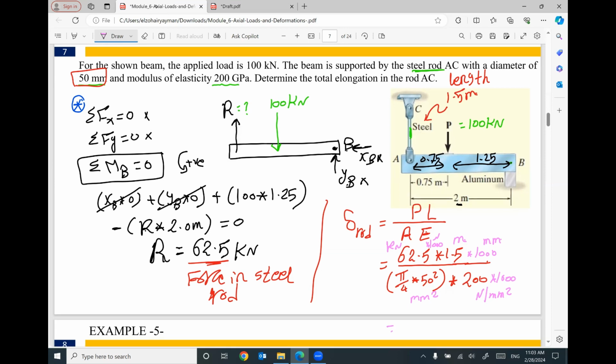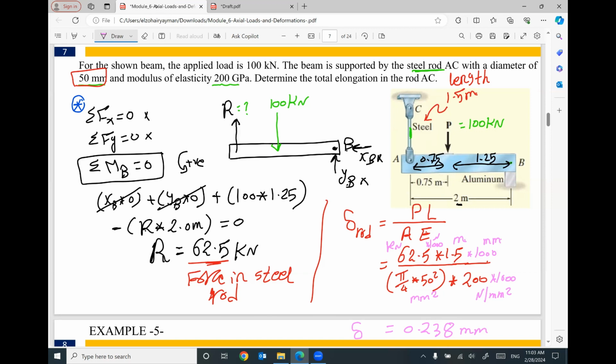So I can figure out what will be the elongation in the steel rod, or the stretch in the steel rod. So 62.5 times 1000 times 1.5 times 1000 divided by pi divided by 4 times 50 square times 200 times 1000. It will be 0.238 millimeter because I'm using millimeter as the length unit.